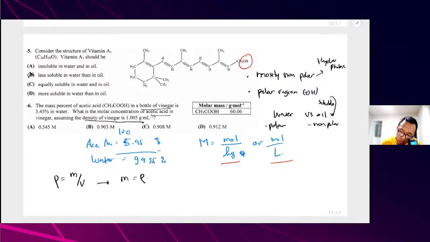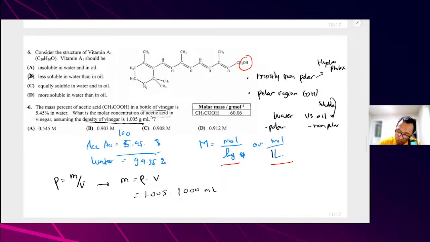To get the mass, it is rho times v. We assume that we have 1 liter. So rho is 1.005 times 1 liter, which is 1000 milliliter.